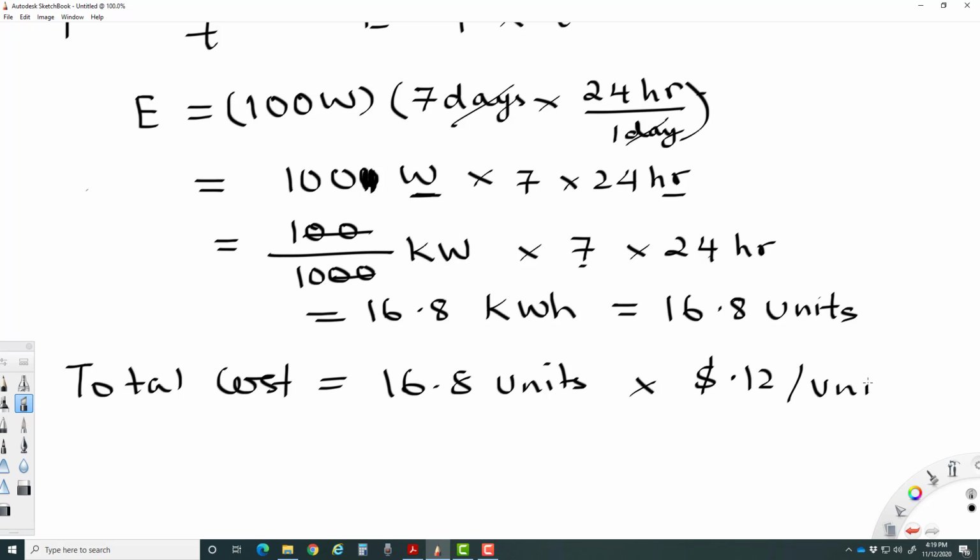So unit and unit cancel. So 16.8 times 0.12, that would be $2.02. So that's the total cost.